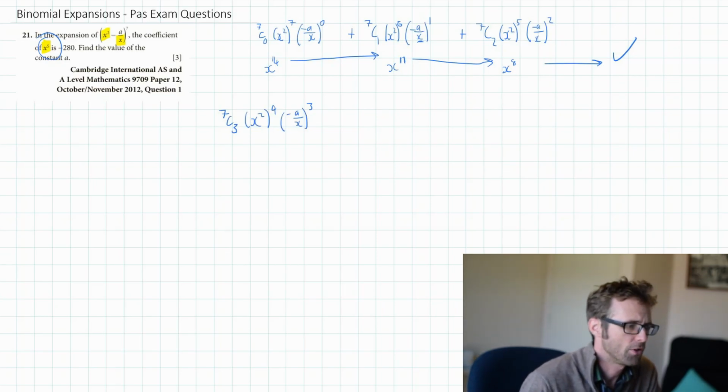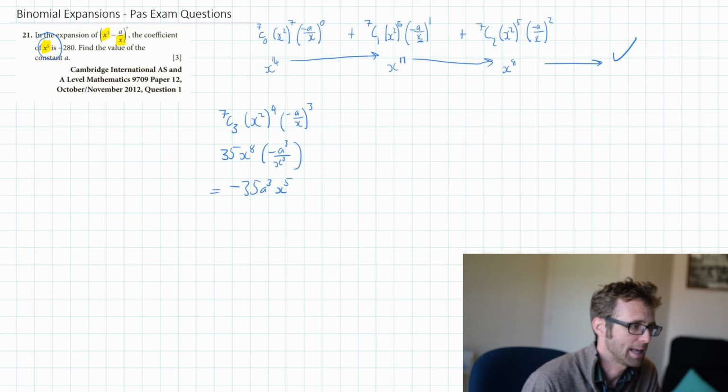So we're going to have 35 x to the power of 8, times negative a cubed over x cubed. And when you simplify that, you're going to get negative 35a cubed x to the power of 5.